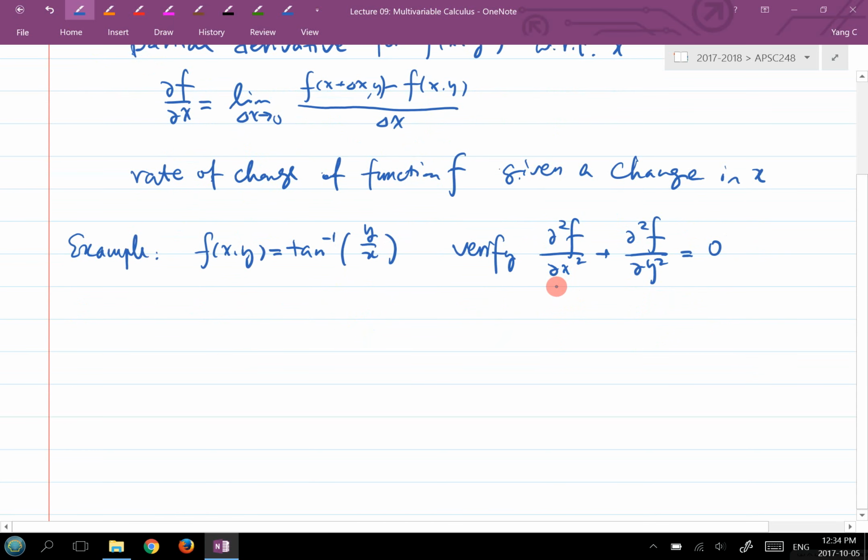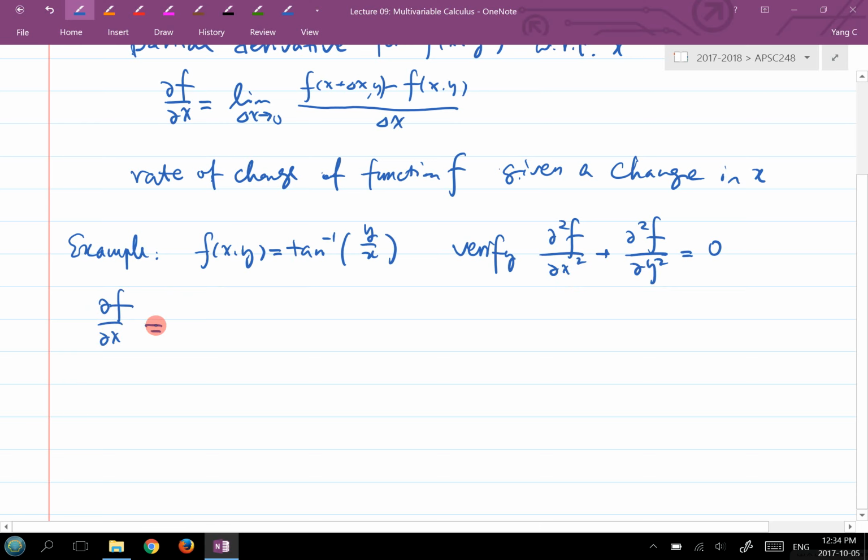This essentially is a second order differential equation, but it's a partial differential equation here. What do we need to calculate? We need to calculate a second order partial derivative with respect to x, and another second order partial derivative with respect to y. So let's start with the first order partial f over partial x.